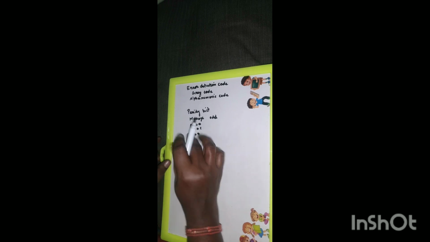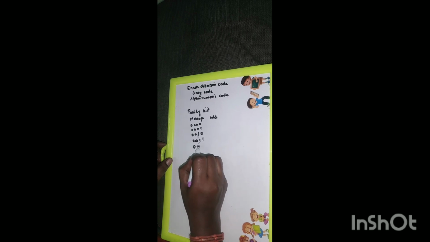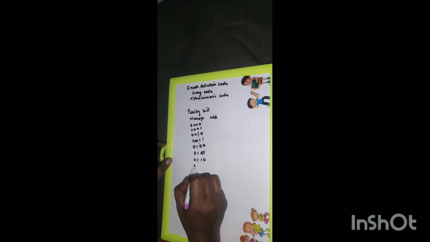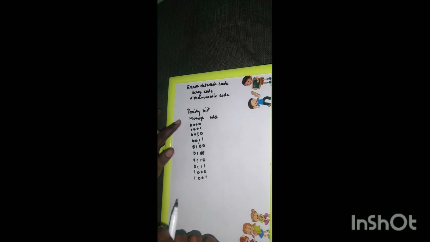These are the 4-bit binary messages for the numbers 0 to 9. I will assume these are all the messages to be sent from source to destination. I am going to add the odd parity bit to the messages.